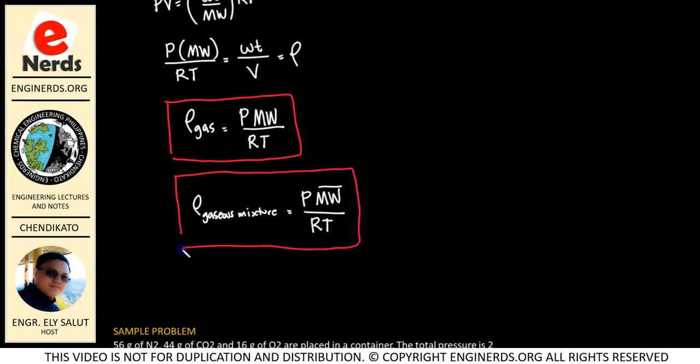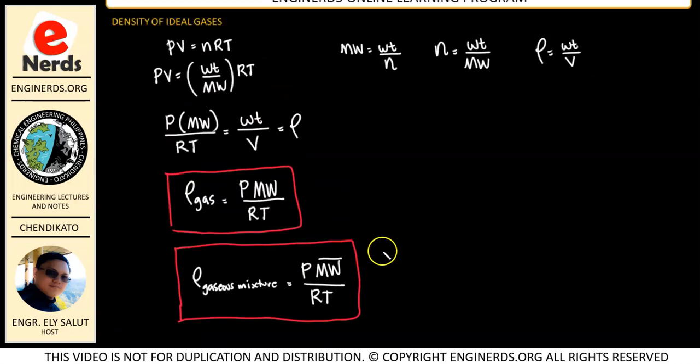Now, the question is, how are we going to get this average molecular weight? The average molecular weight is equal to the summation of the molecular weight of our components, sa mga gases na nasa ating mixture, multiplied by its mole fraction. Our X here is the mole fraction of the gas.